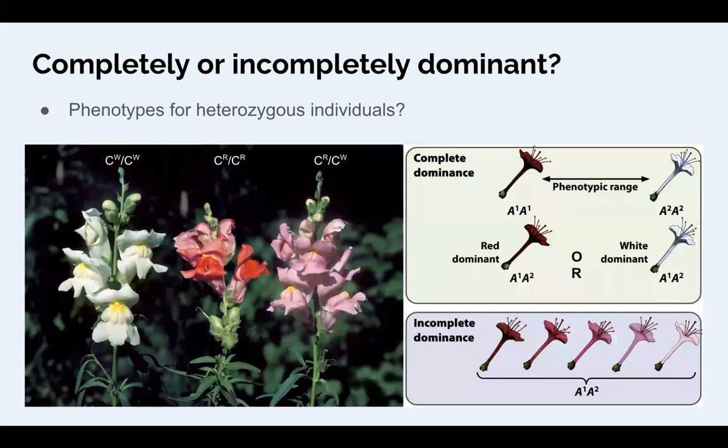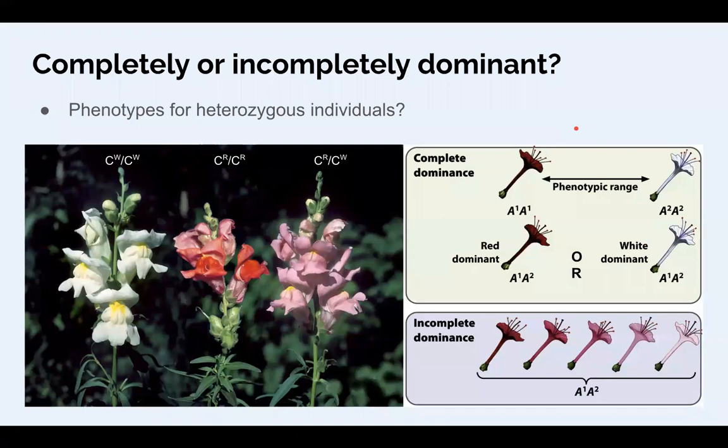So there are a few different subcategories of non-Mendelian inheritance, and some of these first ones break the expectation of complete dominance. This diagram on the right is from your book, showing complete dominance versus incomplete dominance.